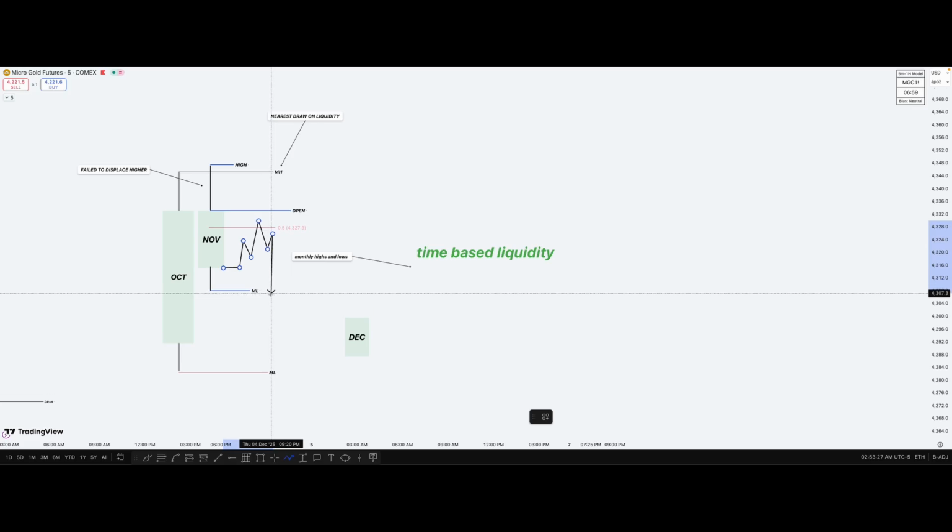यहाँ पे हमारा ओरिजिनल ड्रॉन लिक्विडिटी क्या है, सबसे इमीडिएट वाला. So this new low is the immediate candle drawn liquidity, and then this one. But first we will be expecting that this is the immediate low that is available for us to be taken on.